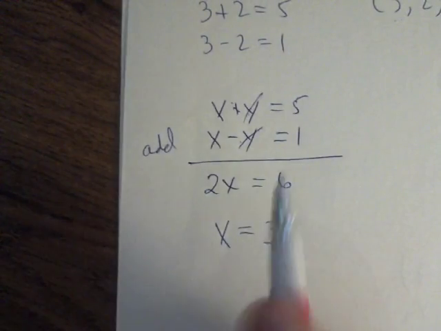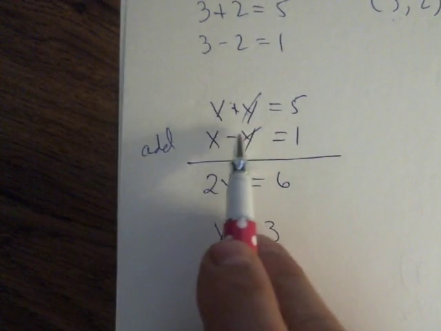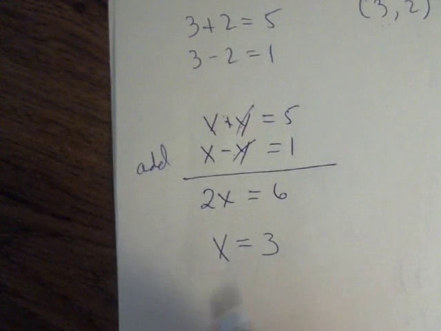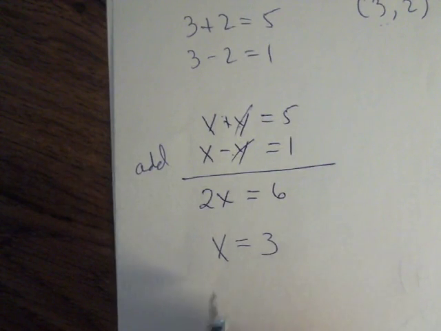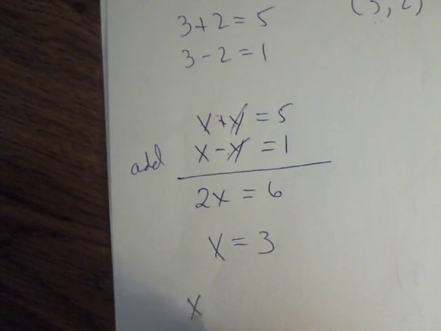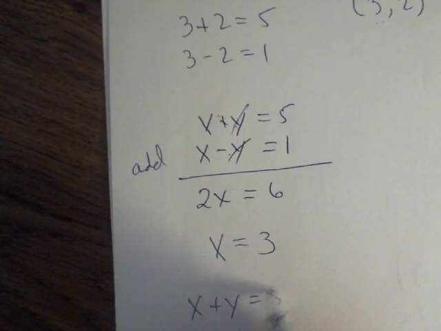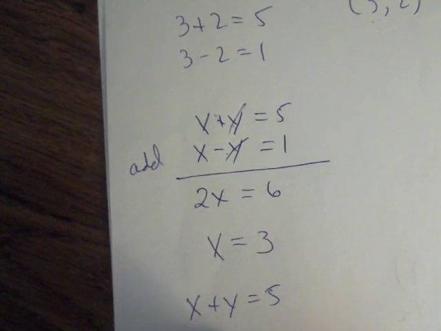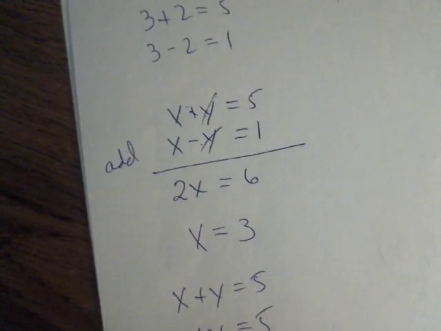Then you can use either of the equations up here to find your y. I'm going to use the one with a positive y because it's easier. So I know x plus y is 5. Put 3 in for the x. Subtract 3 from both sides.